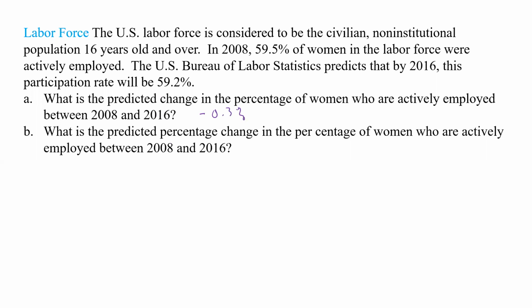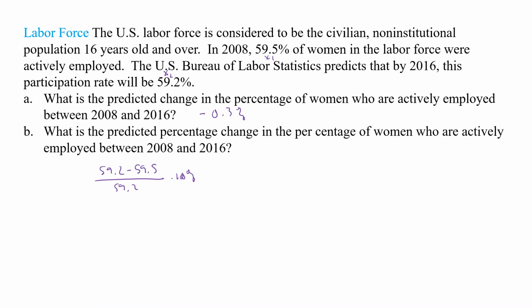And so now what about the next part? What is the predicted percent change in the percentage of women who are actively employed between there and there? Remember, this is our x1, this is our x2. So if we take our 59.2 minus our 59.5, divided by the 59.5, and then times 100, that should give us our value.